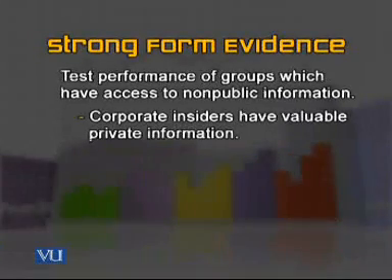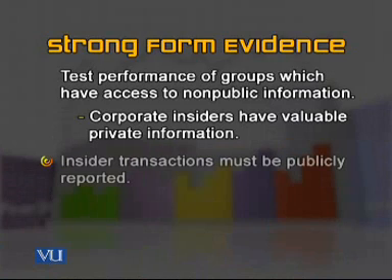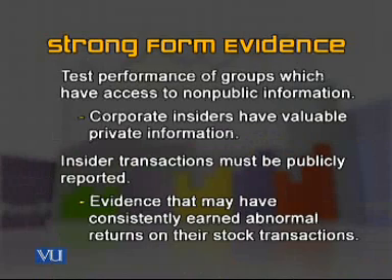So corporate insiders have valuable private information, and insider transactions must be publicly reported. ये code of corporate governance का एक हिस्सा है. You must announce if you're an insider. You must announce what you're buying and selling. The evidence that they may have consistently earned abnormal returns on their stock transactions, ये पता चल जाता है. Nothing to hide from. It's you turning a blind eye towards what actually is happening.